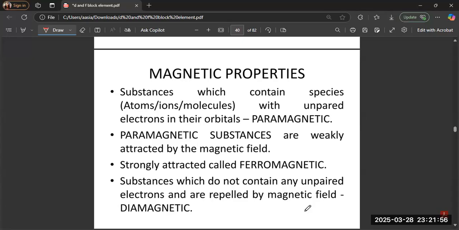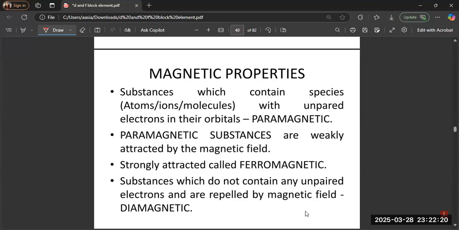Just remember that. So what I said is, we know that due to unpaired electrons in d orbitals, many compounds of transition metals are paramagnetic. As the number of unpaired electrons increases, paramagnetic character also increases, right? Now, what are paramagnetic and what are diamagnetic?